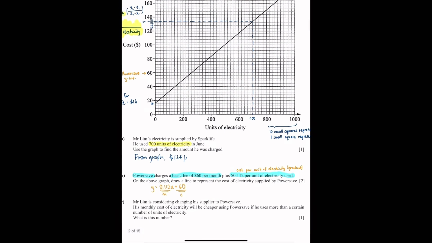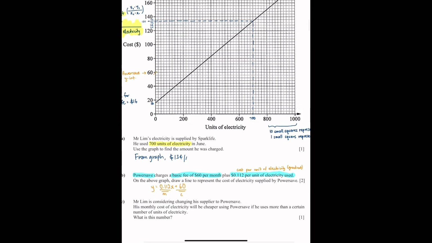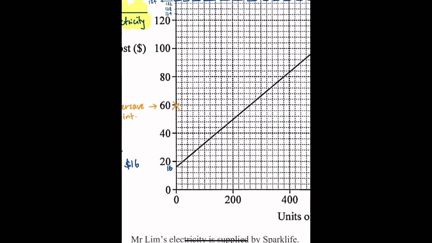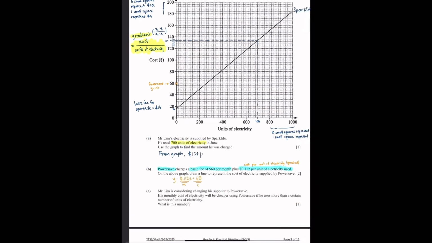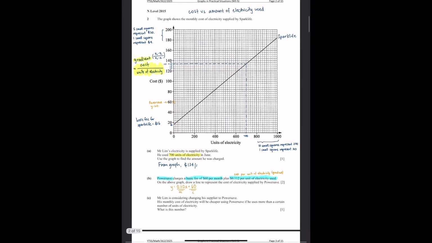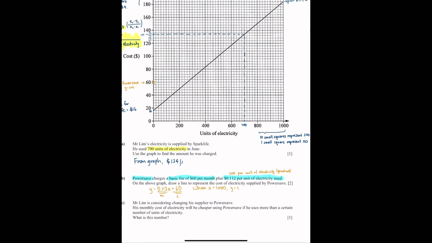To locate another point to connect to this point here to draw the line, I can substitute x equals 1000 to find the value of y. So when x equals 1000, y will be equal to 0.112 times 1000 plus 60. You will get $172.